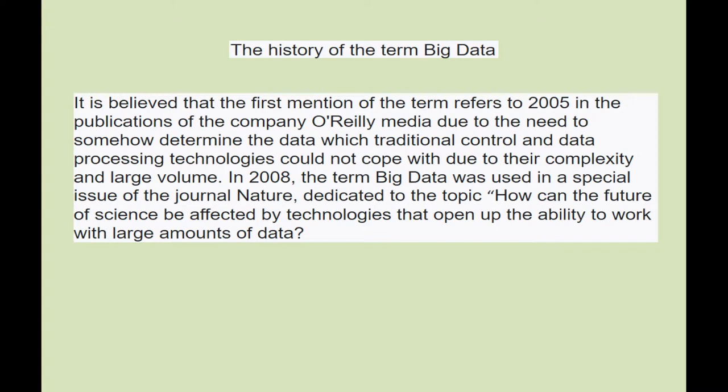In 2008, the term big data was used in a special issue of the journal Nature, dedicated to the topic: how can the future of science be affected by technologies that open up the ability to work with large amounts of data?